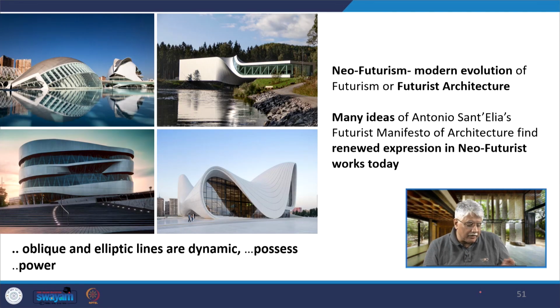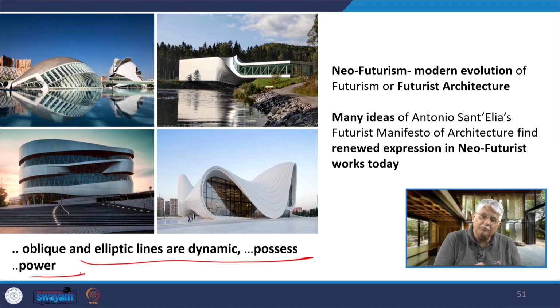Thus we have the term Neo-Futurism. When he said oblique and elliptic lines are dynamic and possess power, Neo-Futurism is a modern evolution of futurism or futurist architecture, where many ideas of Antonio Sant'Elia's manifesto find renewed expression in these works today.